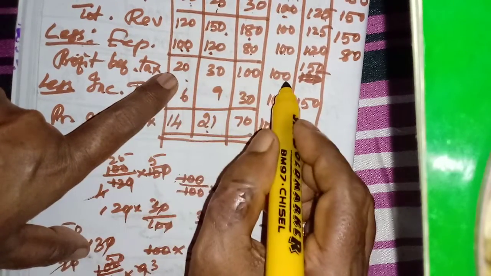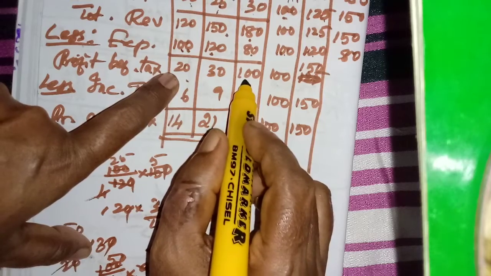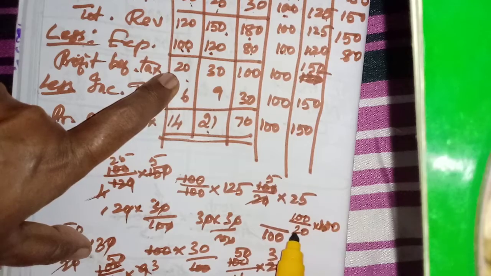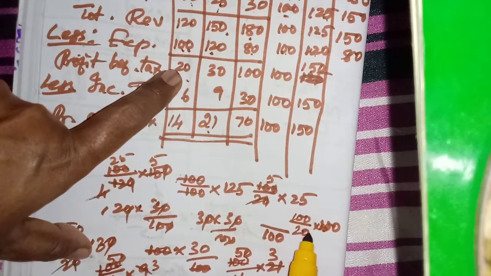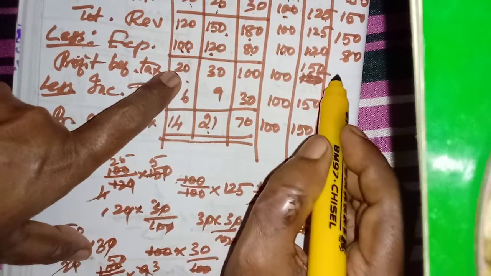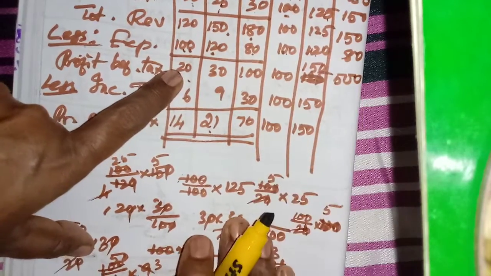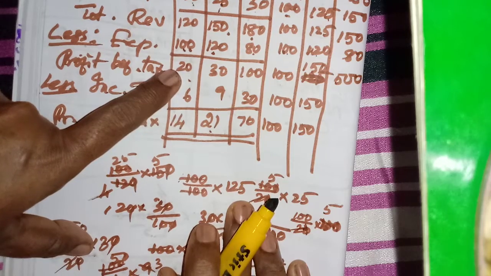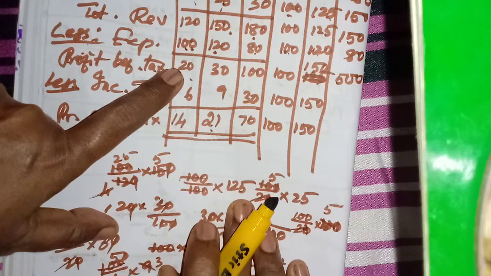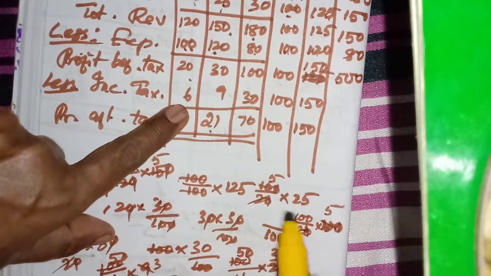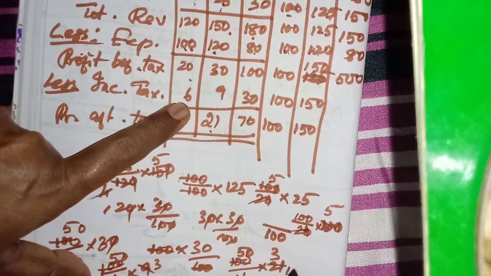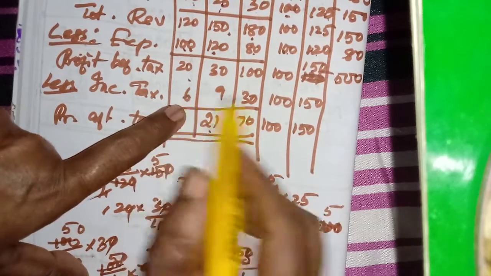Then easy one. Next this one for 20, 100. For 100, 5 times, 500. Then next one for 600.